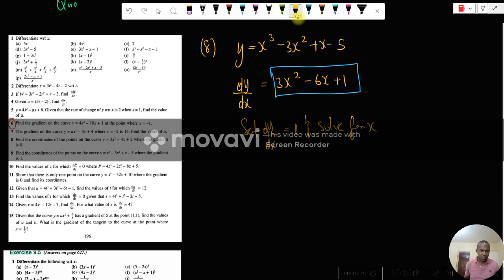This is what we're supposed to have: y equals x cubed minus 3x squared plus x minus 5, and we want to find the coordinates of the points on the curve where the gradient is 1. So we're going to set dy by dx equals 1 and then solve for x. Go ahead and try that for me. Is it clear what you're supposed to do? Yes, sir. All right, good. Go ahead.